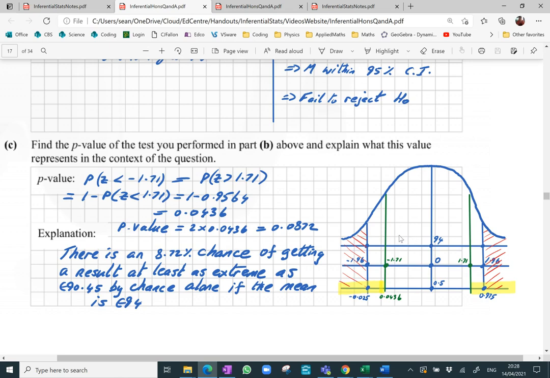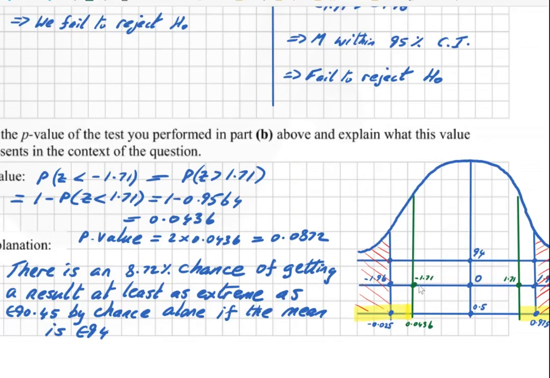that's a good result. And one last thing for p-value then is the p-value is how extreme your result is on both sides. So your result basically on this side, how extreme is it? Well, it's as extreme as that. Any result beyond that is more extreme, of course. And the same on that side. From there backwards is more extreme as well than the result you got. So what you do is you take that probability, which is 0.0436, and you double it.